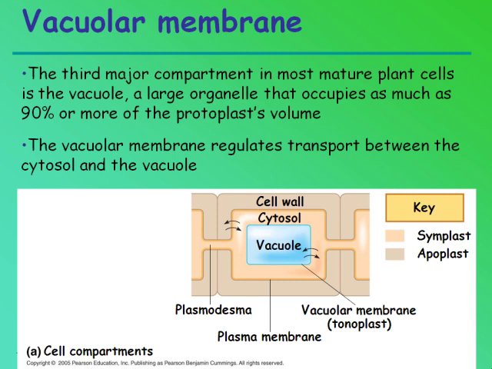So this is the apoplast up here moving through the cell wall. Moving within the cytosol is the symplast. So an apoplast is the continuum of cell walls and extracellular spaces. So solutes and water can move through there. And a symplast is the continuum of cytosol connected by plasmodesmata.